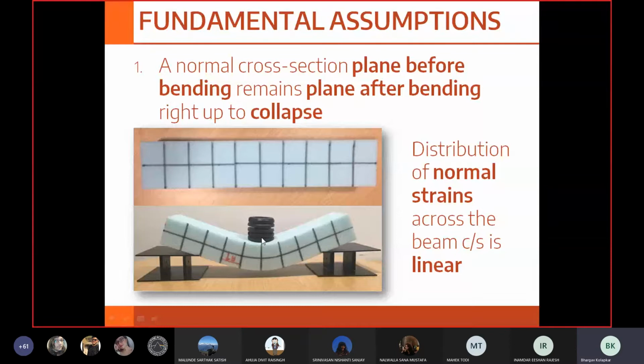Now, again, with the help of this, let us try to understand what this assumption means. Okay, say the distance between these two lines is x in an unloaded condition. You load it. Now the distance between these two lines at the top is x minus 1. So what this assumption implies is that the distance between the two lines at the bottom is going to be x plus 1.